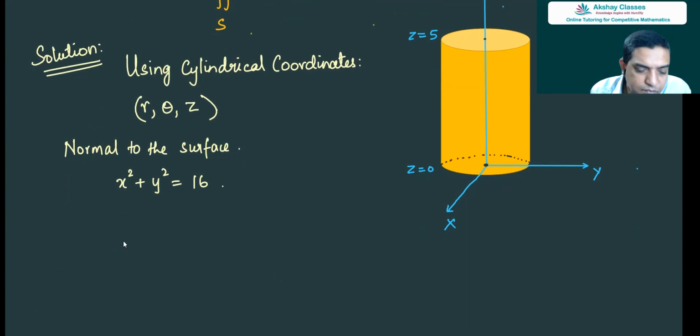Now, how to find the normal to the surface? We know the gradient. If f of x, y, z is equal to some constant c, then grad f represents the normal.